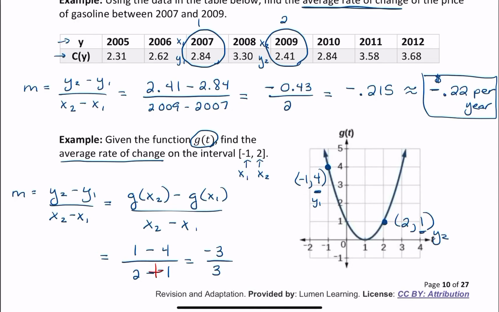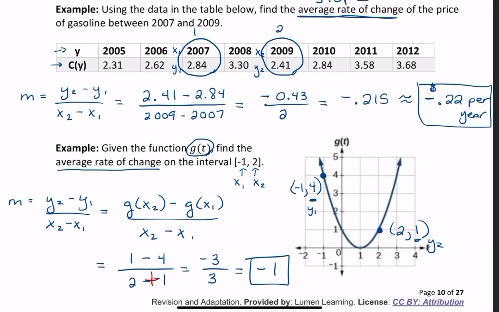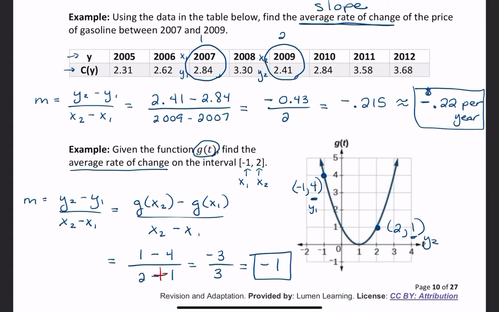So I have -3 over 3, which is -1, is my average rate of change. Even though it doesn't outright say it, you need 2 points from that information. So get your 2 points from your graph and plug that into your slope formula.